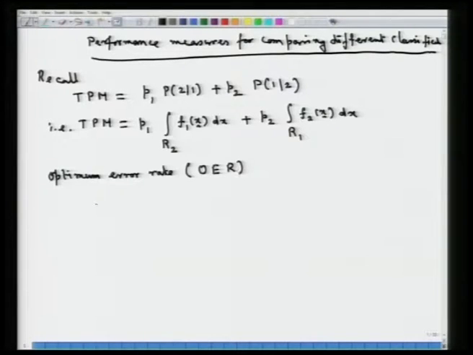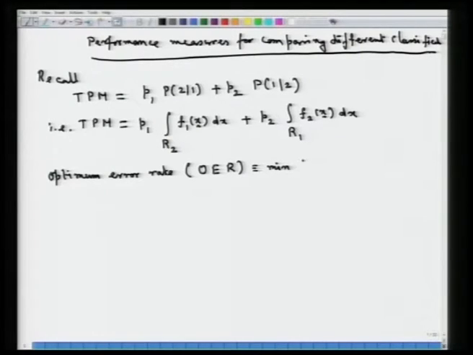That corresponds to the rule which minimizes the total probability of misclassification, the minimum TPM rule. Suppose this optimum TPM rule is given by the partition R1 opt, R2 opt.